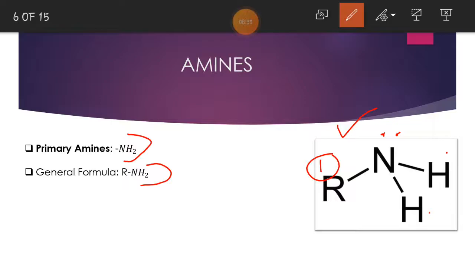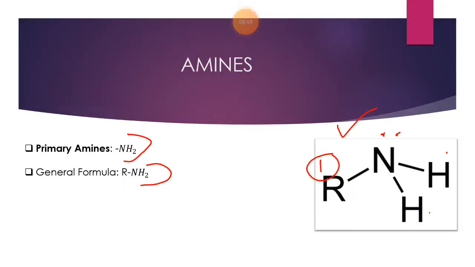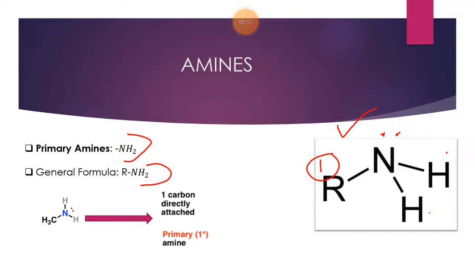So you distinguish primary amine from the other amines on this basis, that in primary amines, nitrogen atom is only attached to one alkyl group. Example for the primary amine is methylamine. This is the structure for methylamine. Now in methylamine, you may see that only one carbon is directly attached to nitrogen.